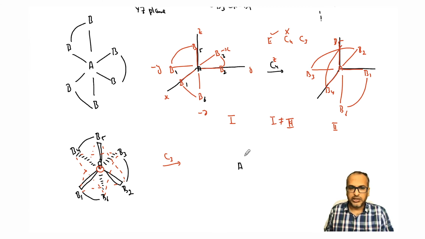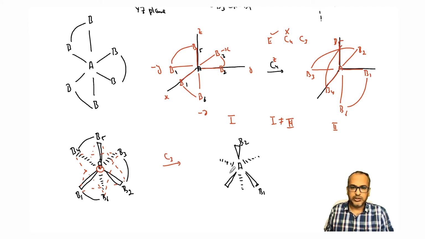So if I do a C3 operation, what do I get? We have to also carefully see if the bonds remain at the same positions. These will remain at the same positions, but are the bonds also the same? So this is my B1. B1 goes here, B2 comes here.